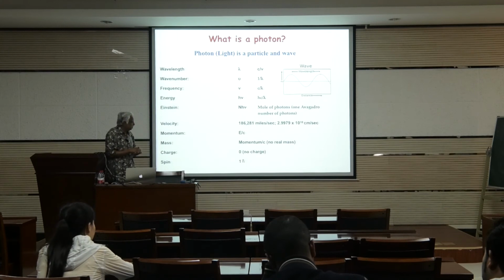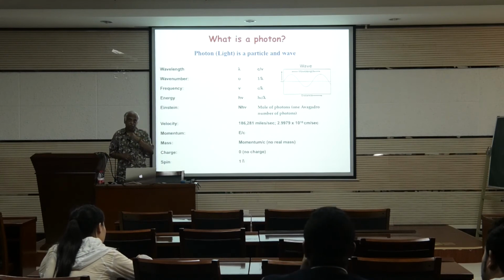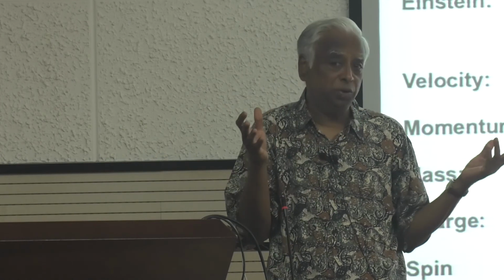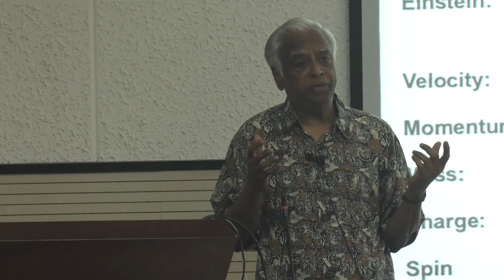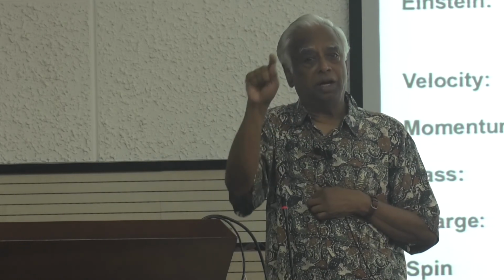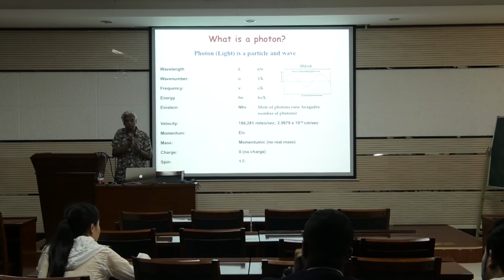Photons have no charge, but photons have a spin. The light that comes out of it can have a positive or negative spin. We don't worry about it because it is 50-50. But it can be right circularly or left circularly polarized light. Light is normally not polarized, but it can be polarized.